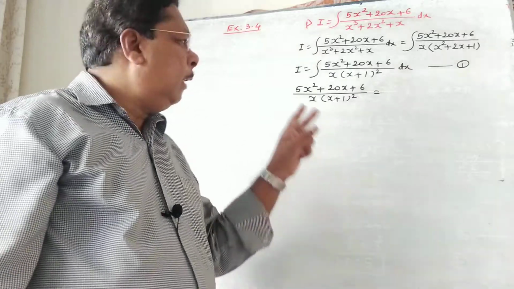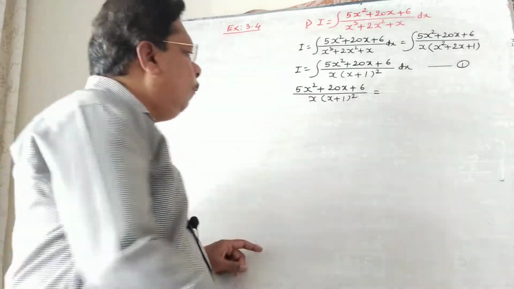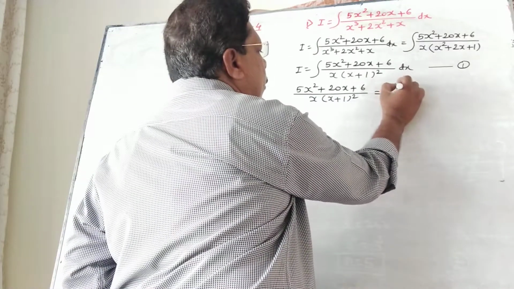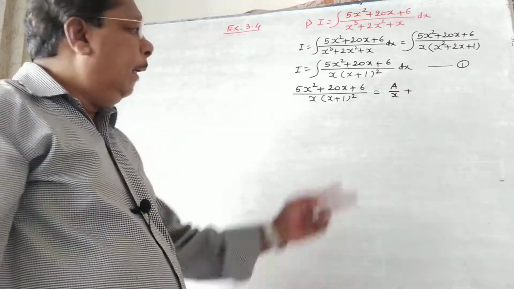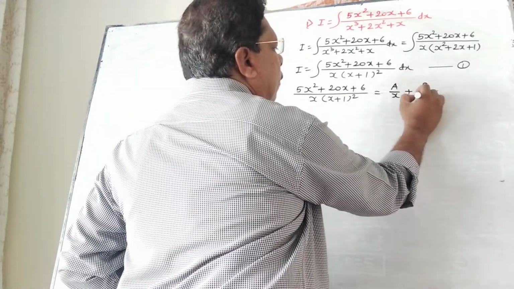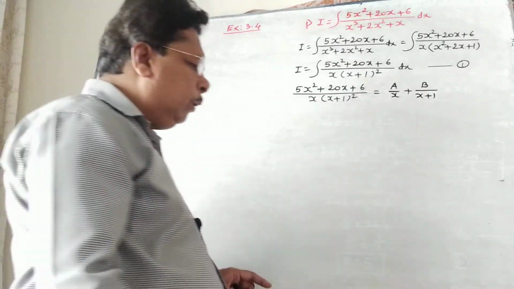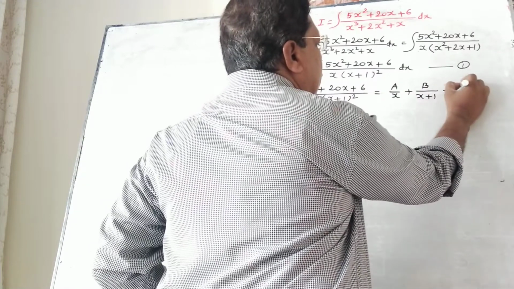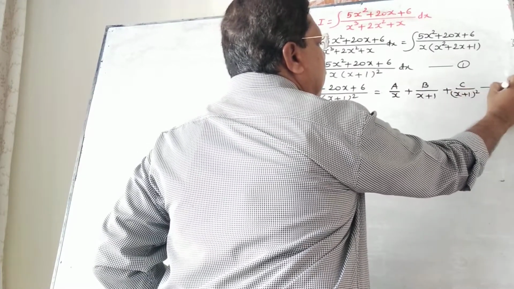Three factors are there: x, x plus 1, and x plus 1 whole square. So the first factor gives A upon x, using three constants. Then for x plus 1 we write B upon x plus 1, and using another constant plus C upon x plus 1 whole square. Say this equation 2.